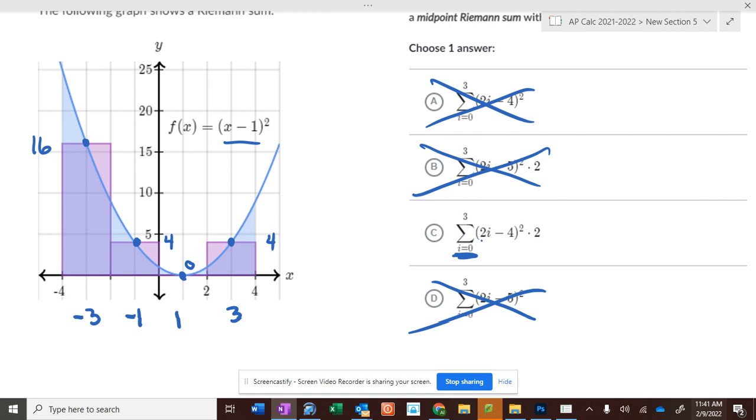I don't know how to answer that. Don't you plug in every number from 0? Yep. So if we plug in a 1, 2 times 1 is 2, minus 4 is negative 2. Negative 2 squared is 4. That's my height there.